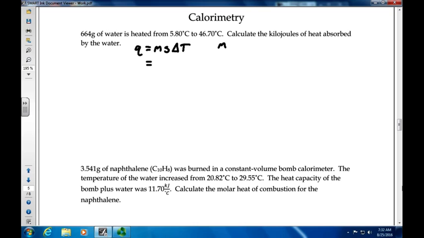For our mass, we have 664 grams. For our specific heat, we're looking for the specific heat of water.